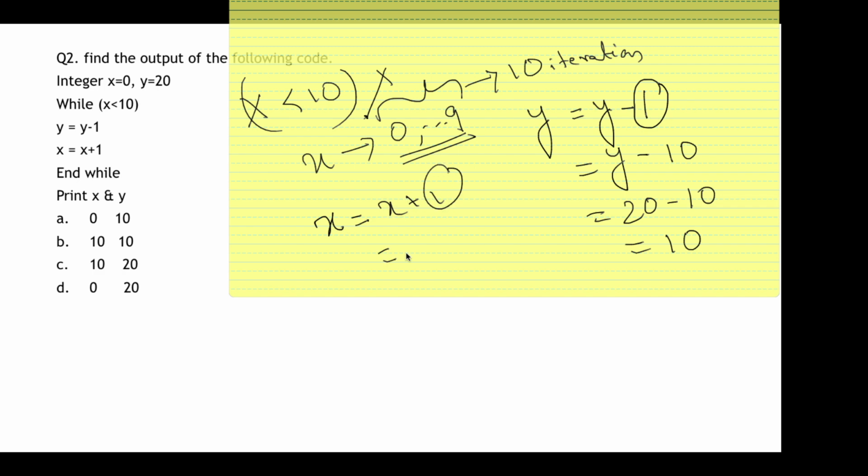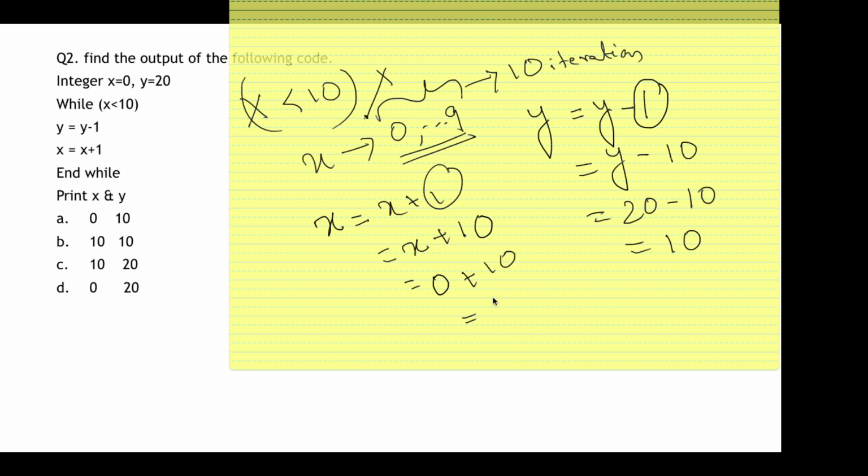So for 10 iterations, how many times will x value be incremented? x value will be incremented 10 times. So initial value of x was 0 plus 10, which is equal to 10. Okay. So what is the output? The output will be 10 and 10.